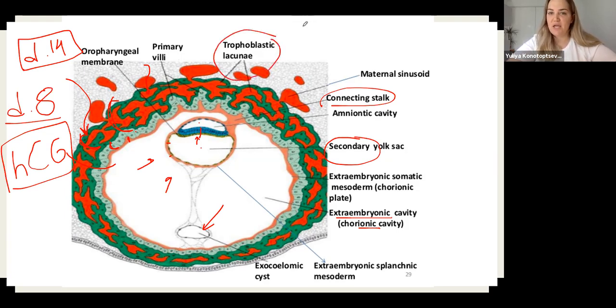You remember that on day 11, 12, this is when maternal blood vessels started to enter into these trophoblastic lacunas. So as a result, the maternal blood started to supply your embryo with nutrition. You need to remember that maternal and embryonic blood can never mix.